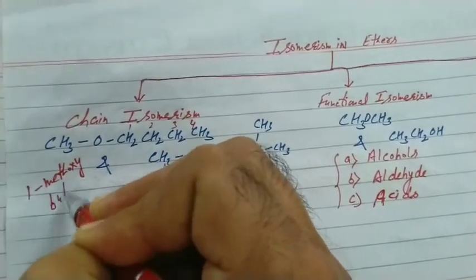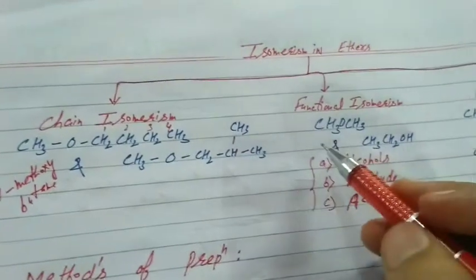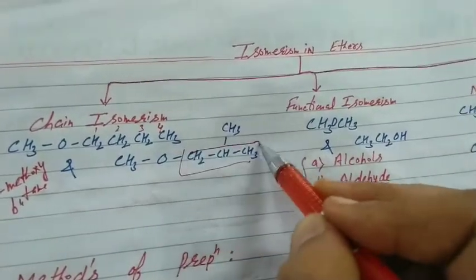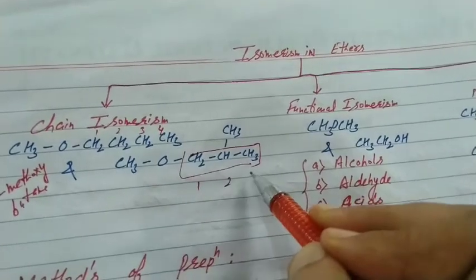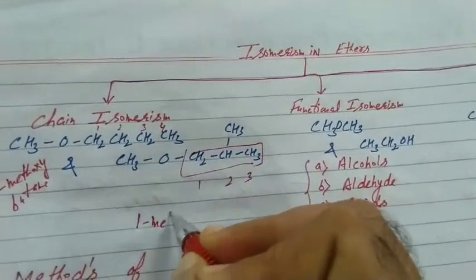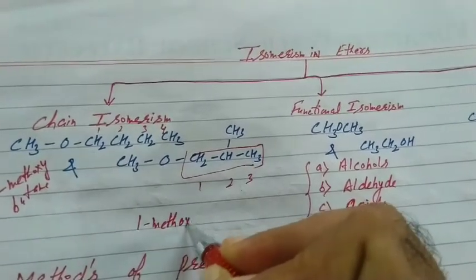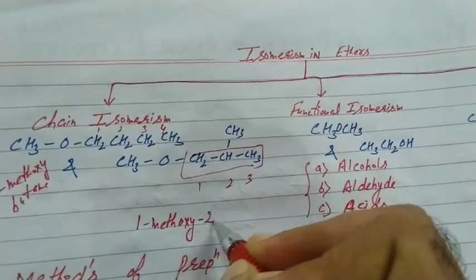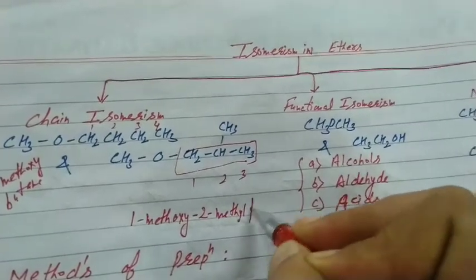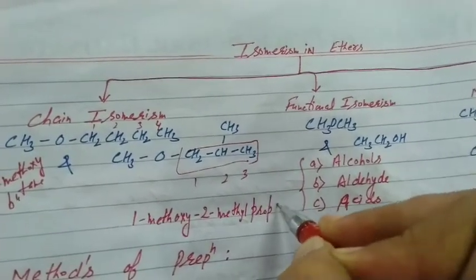Now we have to name the second one. There's a chain of 3 carbon atoms. 1, 2, 3. 1-methoxy-2-methylpropane, because that's a chain of 3 carbon atoms.